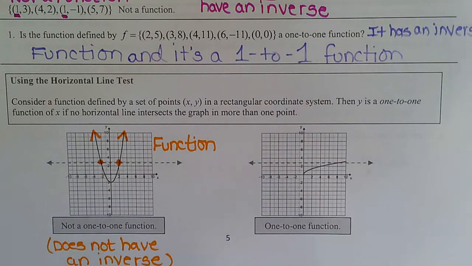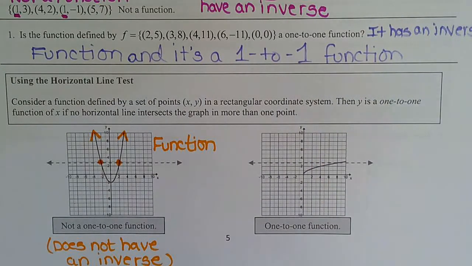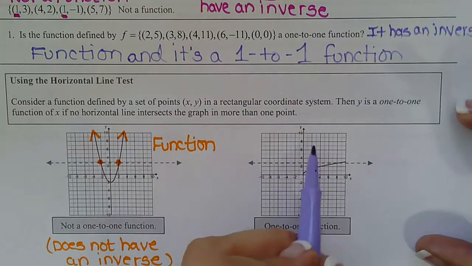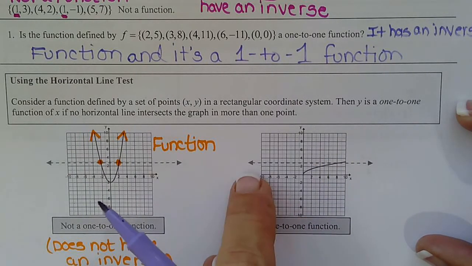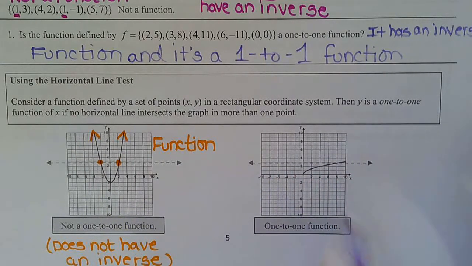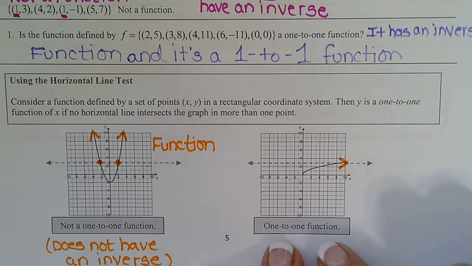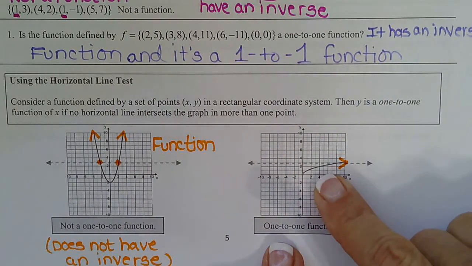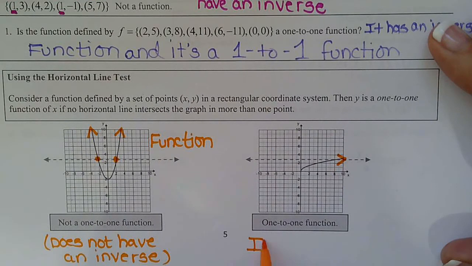Okay, and this one passes the vertical line test, right? I can never pass a vertical line through it more than once. And it also passes the horizontal line test. So a horizontal line just hits it in one point. So not only is this a function, it's a 1-to-1 function. So it has an inverse.